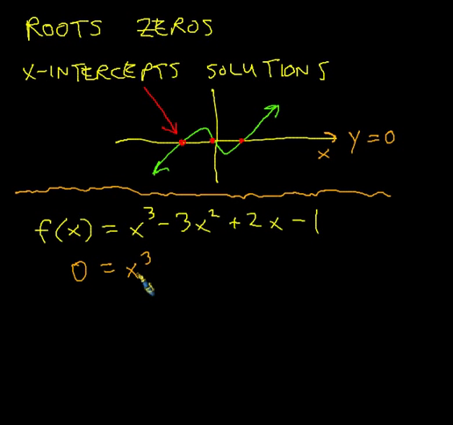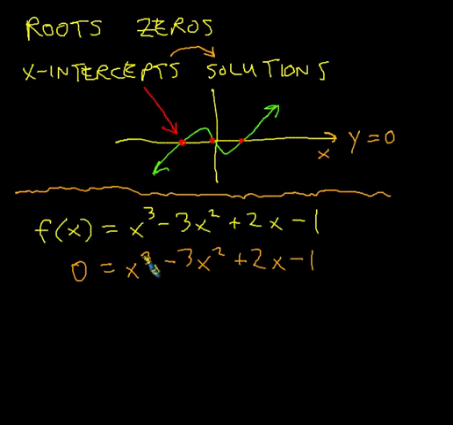And that's why when y equals 0 and we get these x-intercepts, they also happen to be solutions. So if I set my polynomial equal to 0, and I solve whatever values of x that I get, x equals whatever, that'll be my x-intercepts.